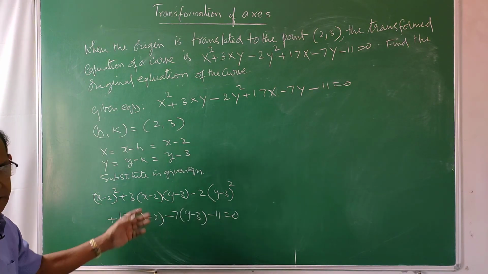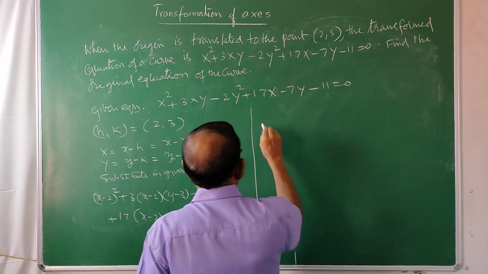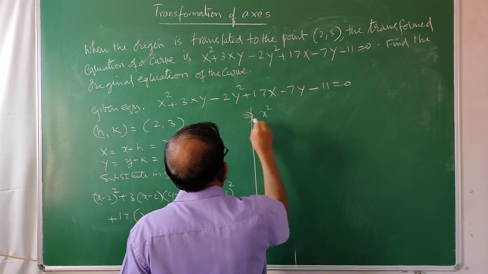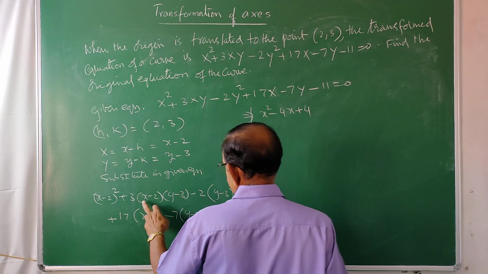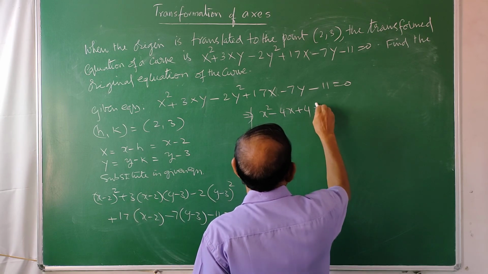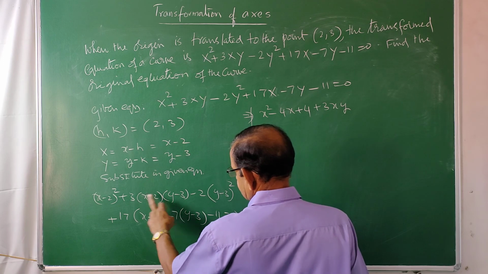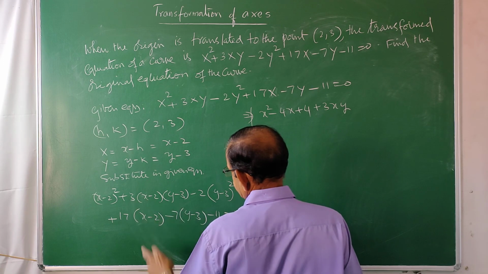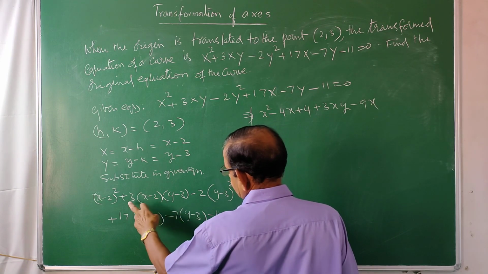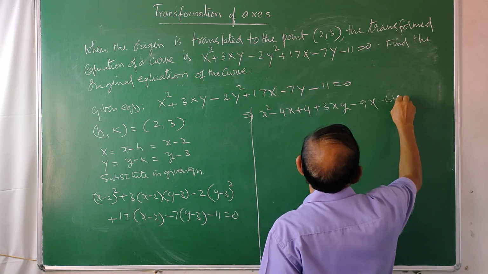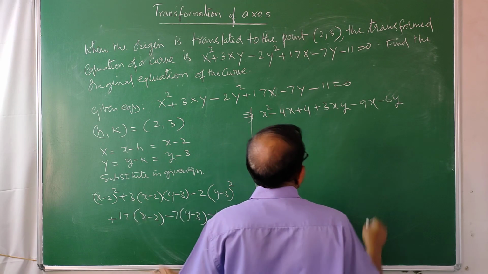Now let us simplify that equation. First one, x minus 2 whole square means x square minus 4x plus 4, and this is x into y into 3, 3xy, x into minus 3, minus 3x, into plus 3, minus 9x, minus 2y into plus 3, minus 6y, minus 2 into minus 3, plus 6 into 3, plus 18.